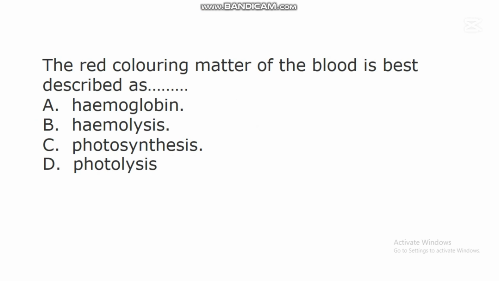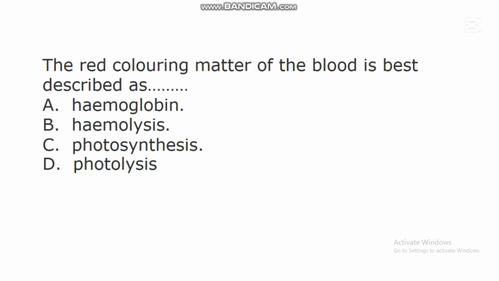The first question says, the red coloring matter of the blood is best described as dash. A. Hemoglobin. B. Hemolysis. C. Photosynthesis. D. Photolysis.